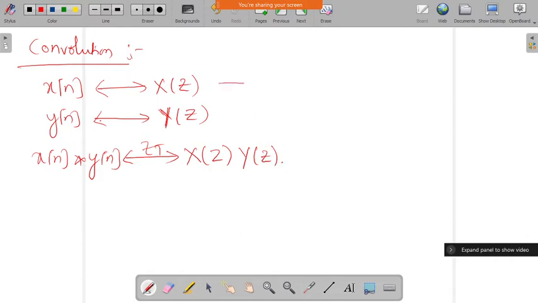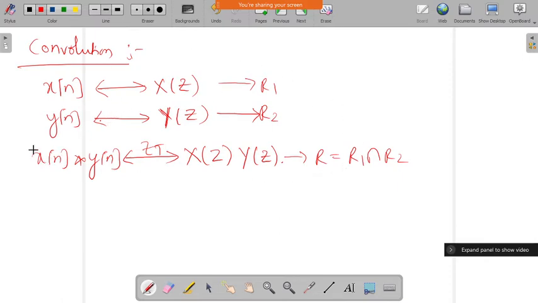And if we have the ROC R1 for this one and R2 for the other, then the resultant ROC will be R equal to R1 intersection R2. So this is the convolution property.